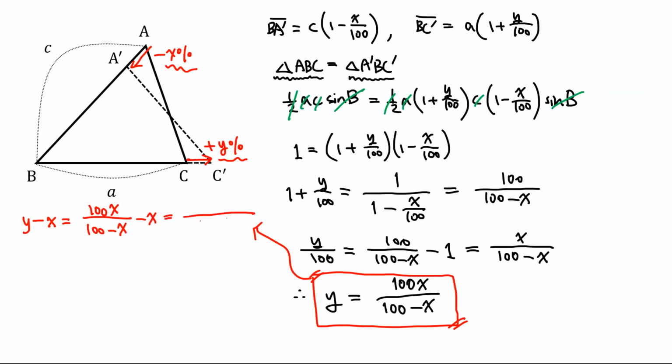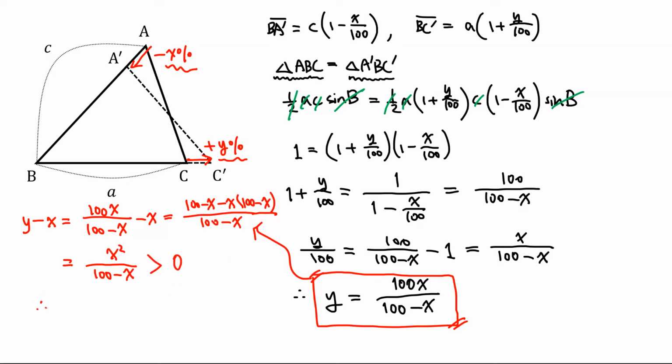and if we use the common denominator 100 minus X, this is (100X minus X times (100 minus X)) over (100 minus X). If we calculate that, we obtain X squared over (100 minus X). And you can see that this is positive.